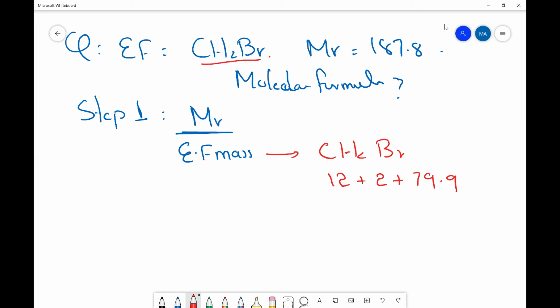It's 0.09 into 10 power 3. How? You're adding these. Are you telling me the answer after the division? No, I added these values: 12 plus 2 plus 79.9.